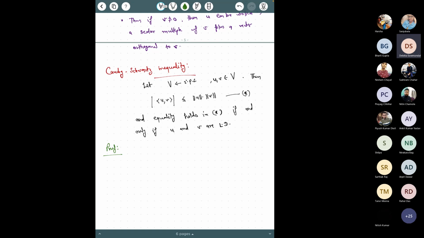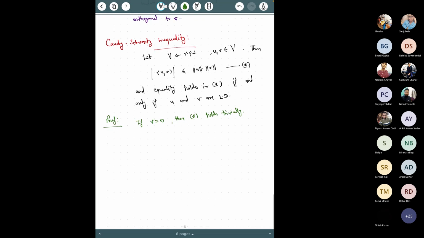So 0 is equal to 0. So by default, this equation star holds trivially if v is 0. This is clear. Therefore, without loss of generality, we can assume that v is non-zero, because for v equal to 0 it holds trivially. So we just consider the case that v is non-zero.